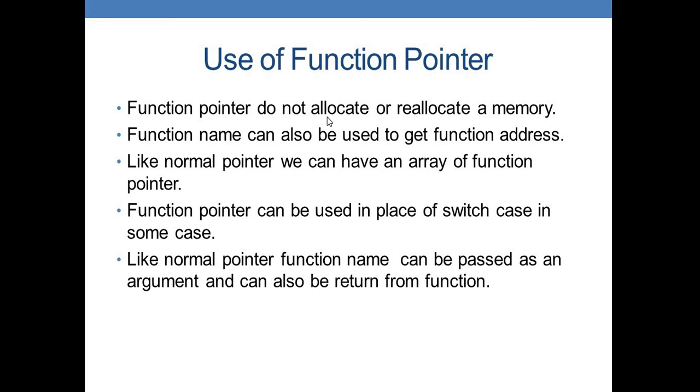Like a normal pointer, a function name can be passed as an argument and also can be returned from a function. This is the use of function pointers, and the big use is to create a callback mechanism. In my next video, we'll understand function objects and lambda functions.